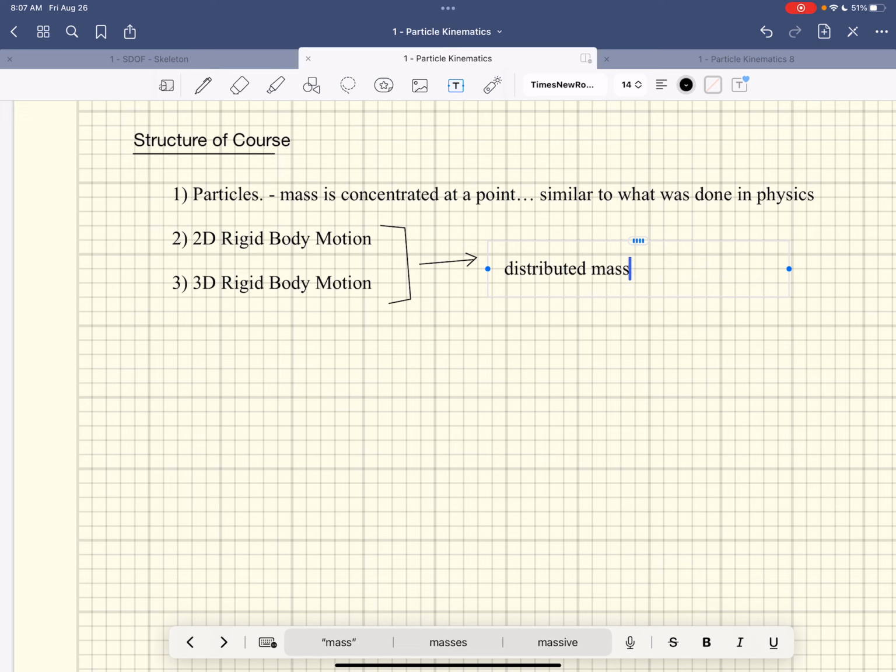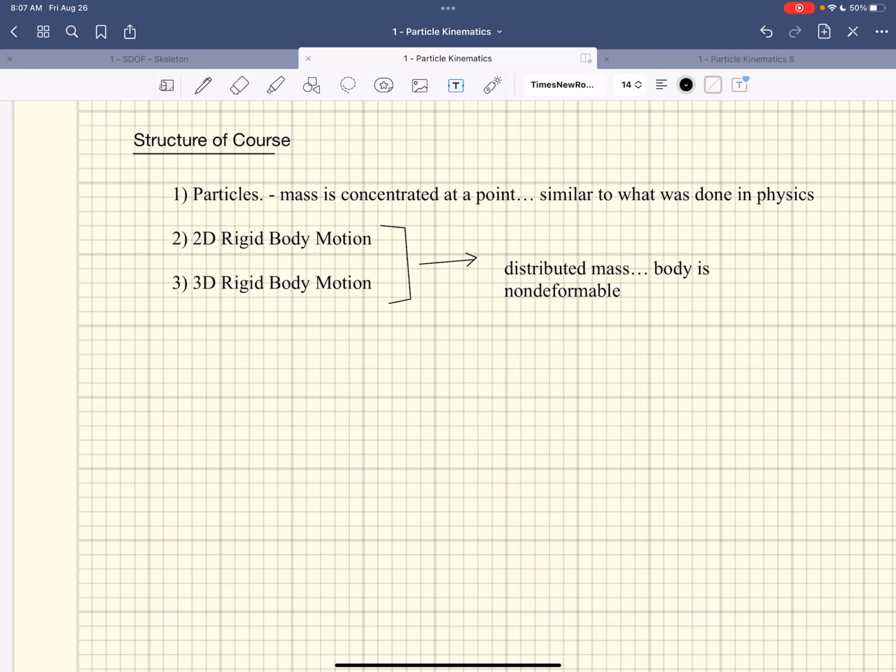Right, the mass is distributed. And the body is non-deformable. I just made that word up, it looks like. Okay, but you can't deform the body.